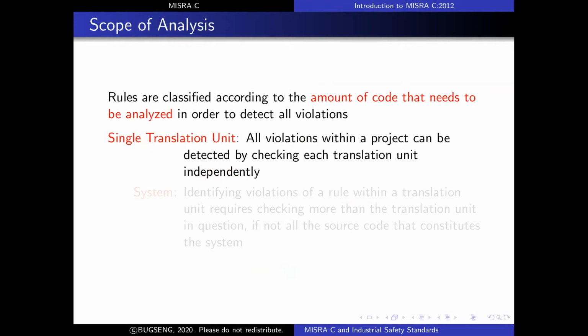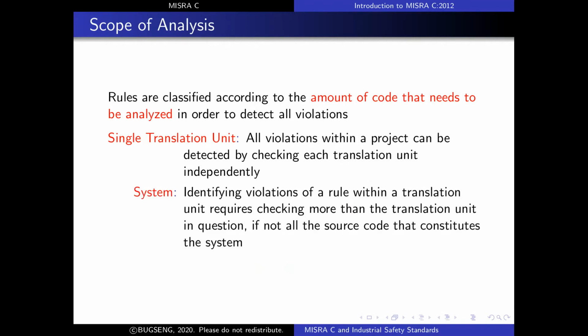Then scope of the analysis. A guideline can be marked as single translation unit if it can be checked one translation unit at a time. So a translation unit is basically a .c file along with the header files it includes. And otherwise the rule will be tagged as system.